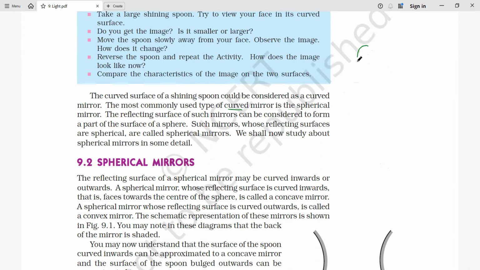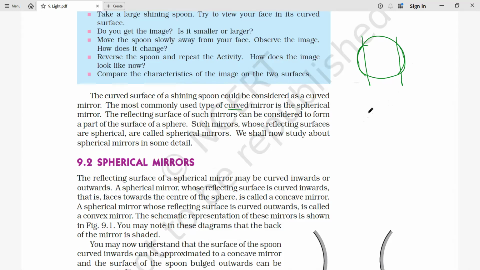Suppose this is the sphere, for example, and if you cut from here, this portion will act as a mirror. Again, if you cut from here, this portion is also going to act as a mirror. Later, one by one, we'll see the concave mirror and the convex mirror.